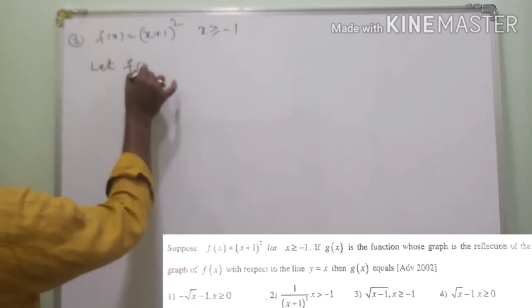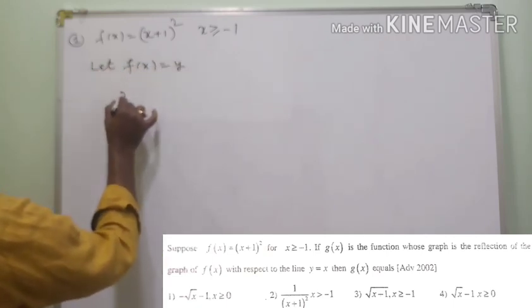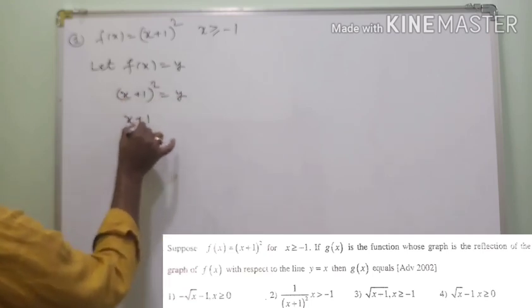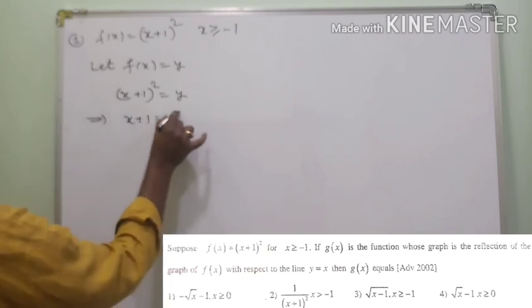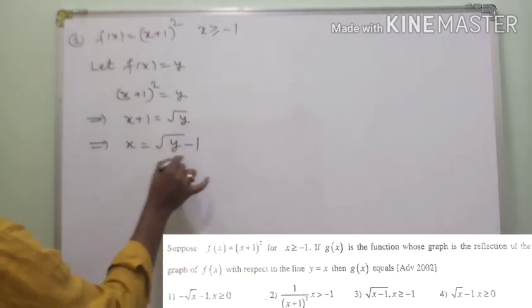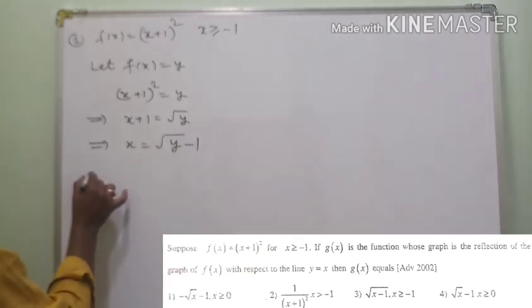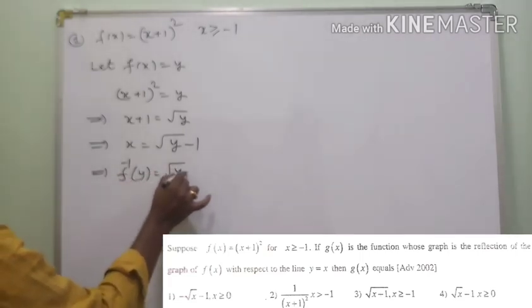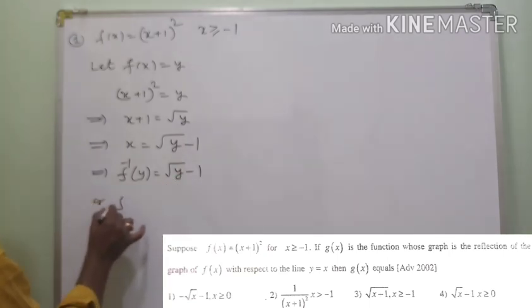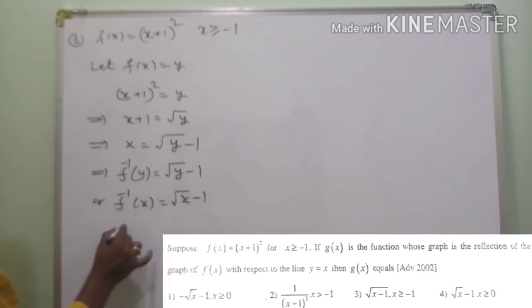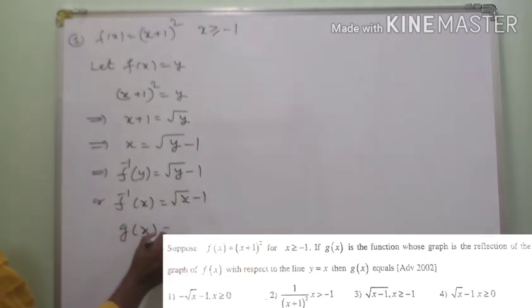Let f of x equal y, so (x plus 1) whole square equals y, x plus 1 equals root y, x is equal to root y minus 1. So f inverse of y equals root y minus 1, or f inverse of x is equal to root x minus 1.